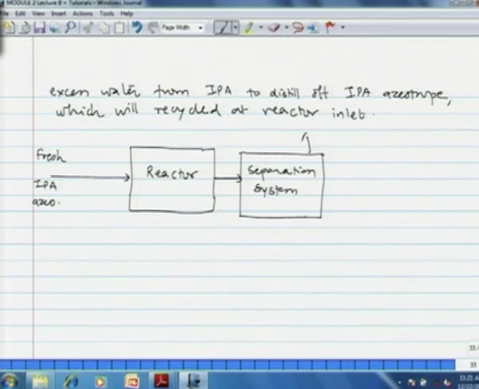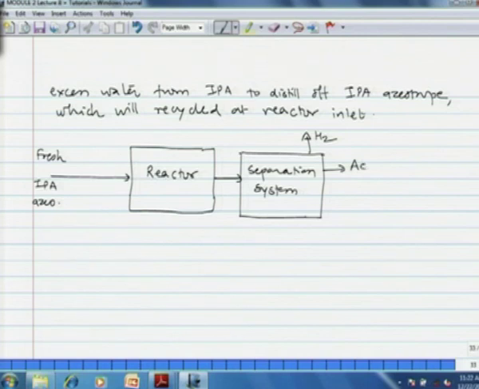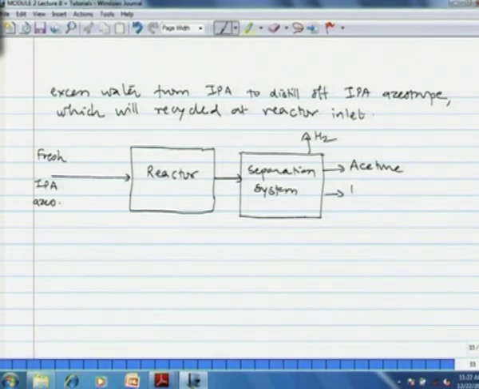Product hydrogen can be taken out because it is not a reversible byproduct. Okay, so hydrogen can simply leave the separation system and can be used elsewhere. The 2 products acetone and water leave the separation system, and there will be one recycle stream containing IPA azeotrope, which will be mixed with the fresh feed. Okay. So, this is a simple recycle structure of the flow sheet.